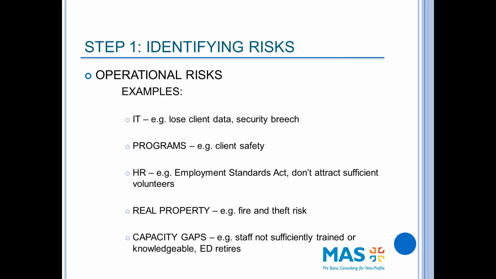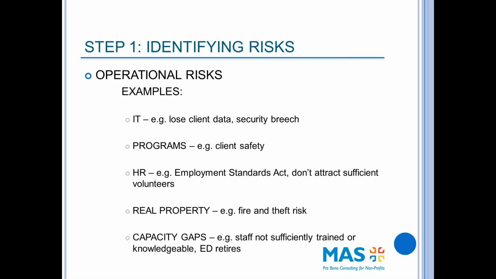And a type of risk here that I think boards really need to think about and don't spend enough time thinking about are capacity risks. That's the risk that you can't attract and retain people with sufficient knowledge and training to do the kinds of things that you do.